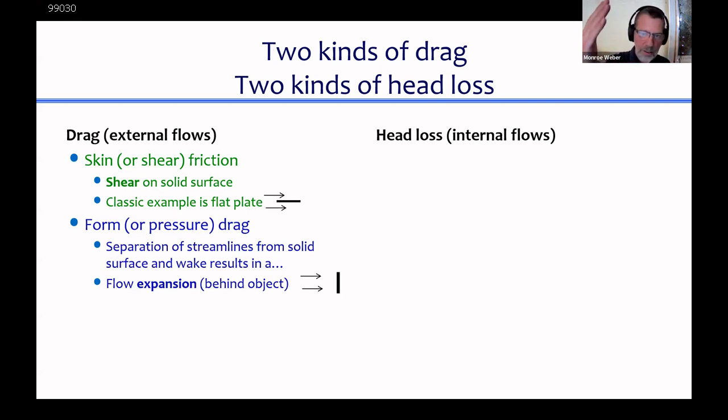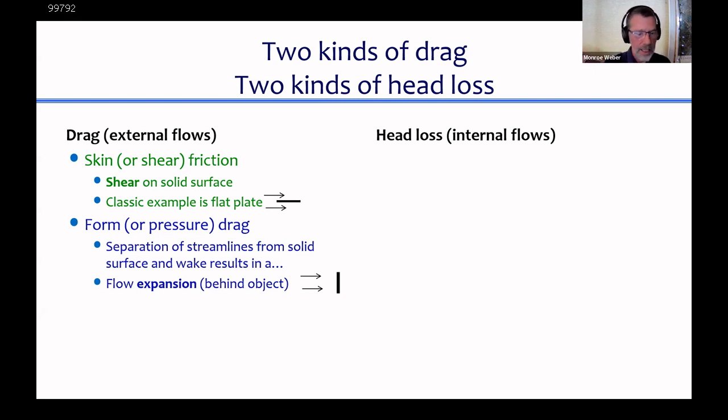So we talked a little bit about drag, about external flows. We didn't talk at all about shear on a solid surface, but indeed that's the skin drag, or the drag that you feel on a flat plate. That's the shear. That's important when you have a streamlined object.